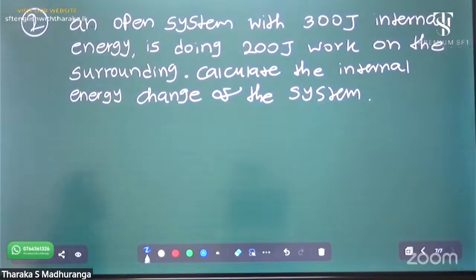An open system with 300 joule internal energy is doing 200 joule work on the surrounding. It's doing work on the surrounding, right? That means the system is doing some work.